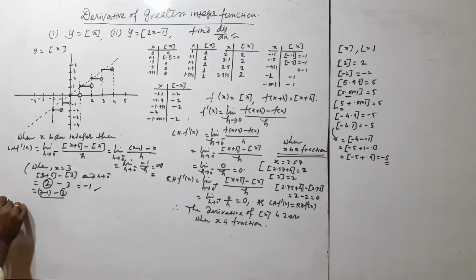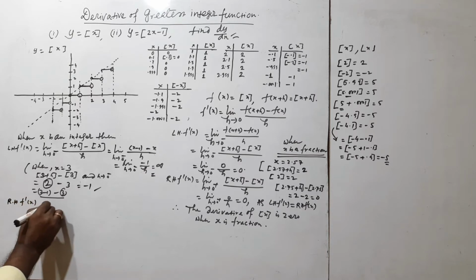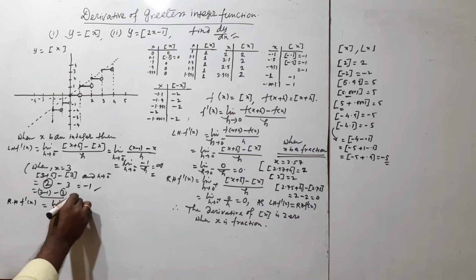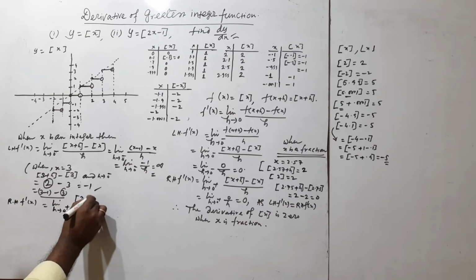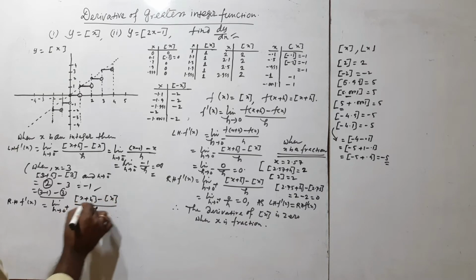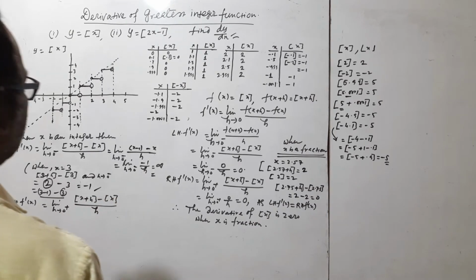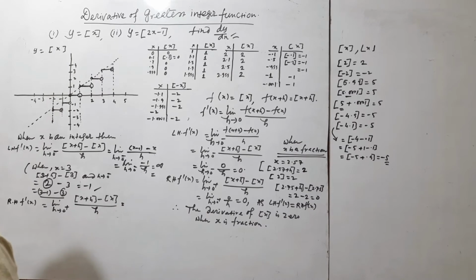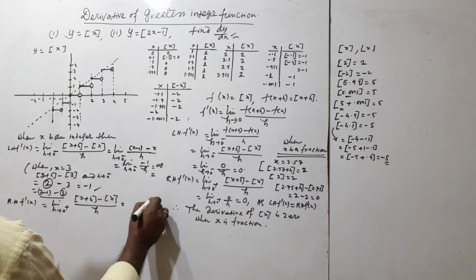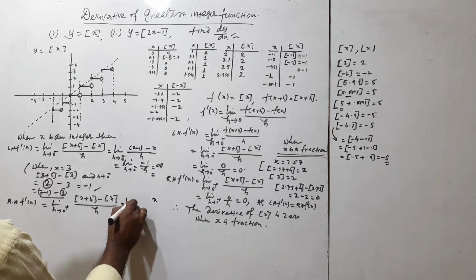Now I'm showing the right hand derivative, and this is the limit h tends to 0 plus of box of x plus h minus box x over h. This is an integer, so if x is 2, that is like x.